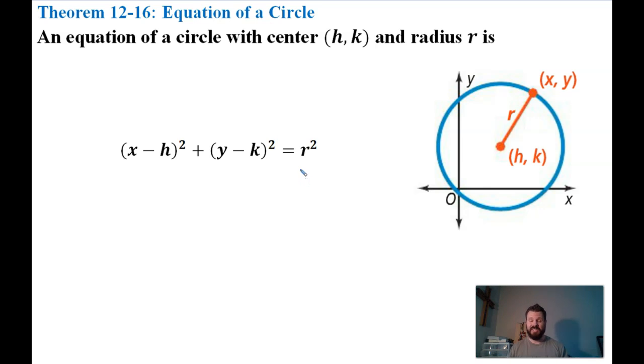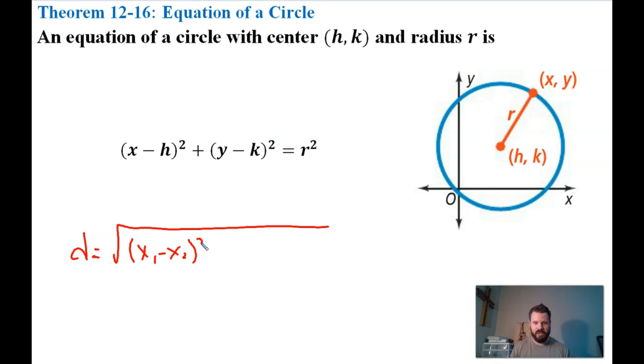As far as where this is coming from, basically it's just the distance formula. If I want to know the distance from the center to the side of a circle, you don't need to copy this down. d is equal to the square root of, we'll do it without the specific stuff yet, (x1 minus x2) squared plus (y1 minus y2) squared.